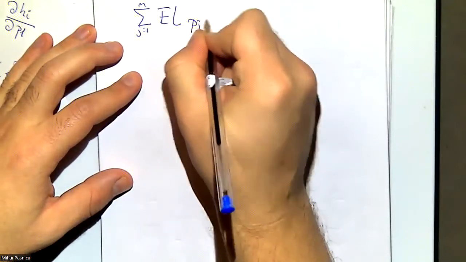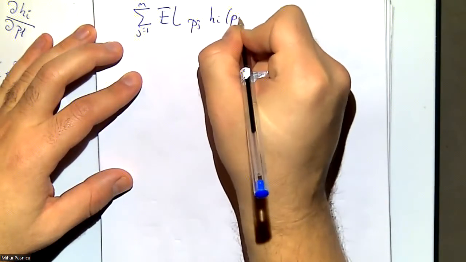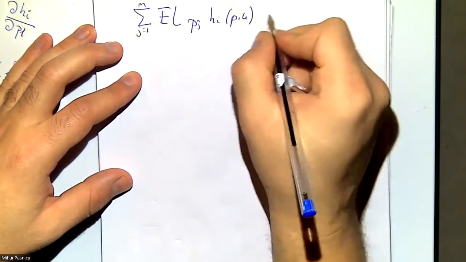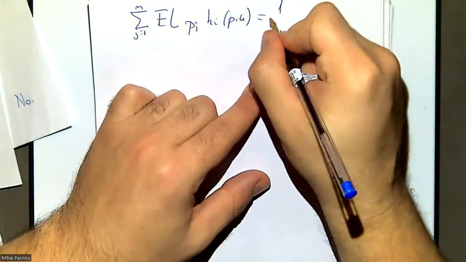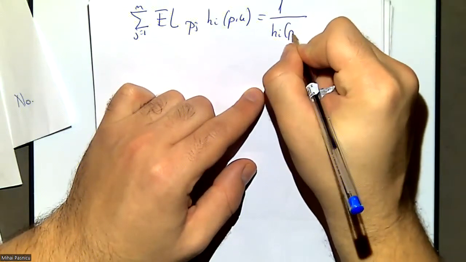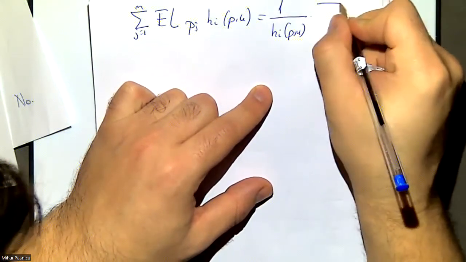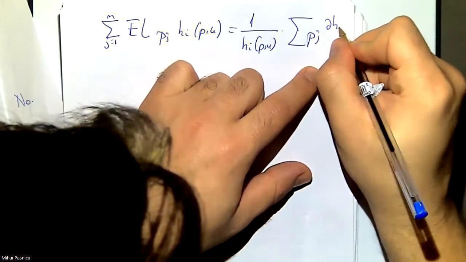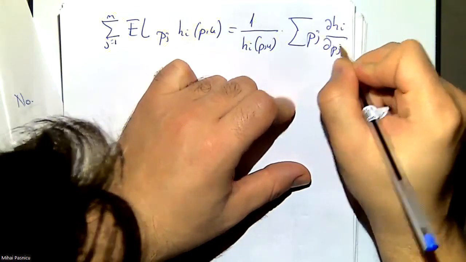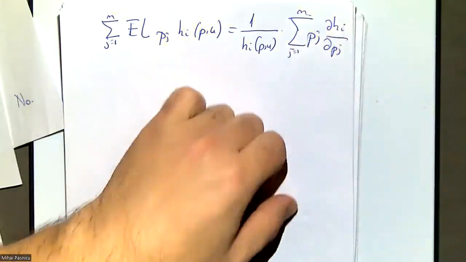The sum of the elasticities of p_j, H_i(p, u) is equal to, we just showed it's equal to this, 1 over H_i(p, u) times the sum of p_j times the derivative of H_i with respect to p_j, j from 1 to n.